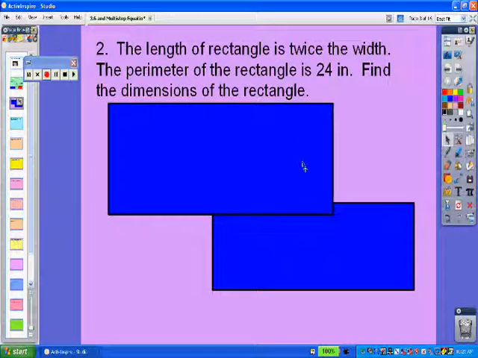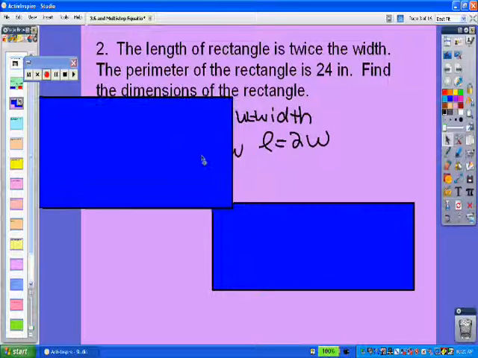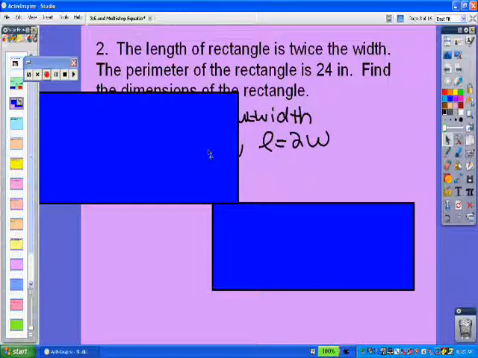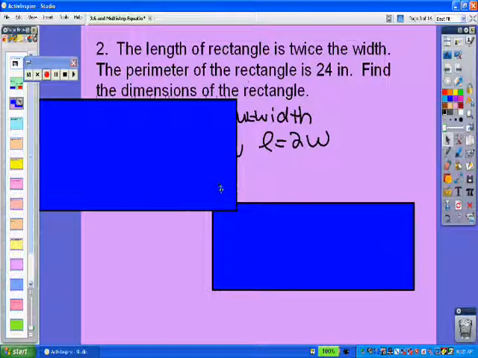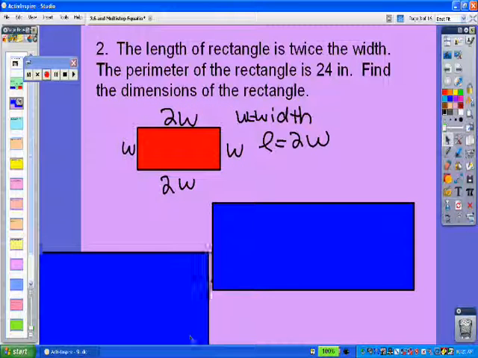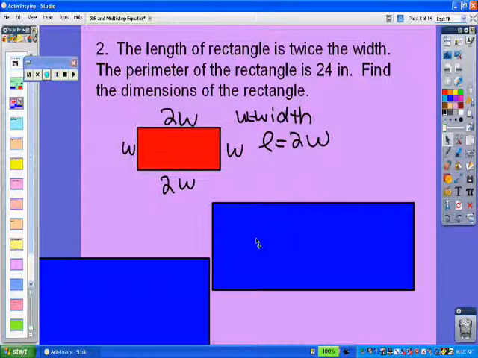Alright, you should have said that W was the width, so that means that the length is twice the width, so the length would be 2W. So your rectangle should look like this, because if the length is twice, that just means 2 times the width. So if I combine my like terms, I get 2W plus 2W is 4W.